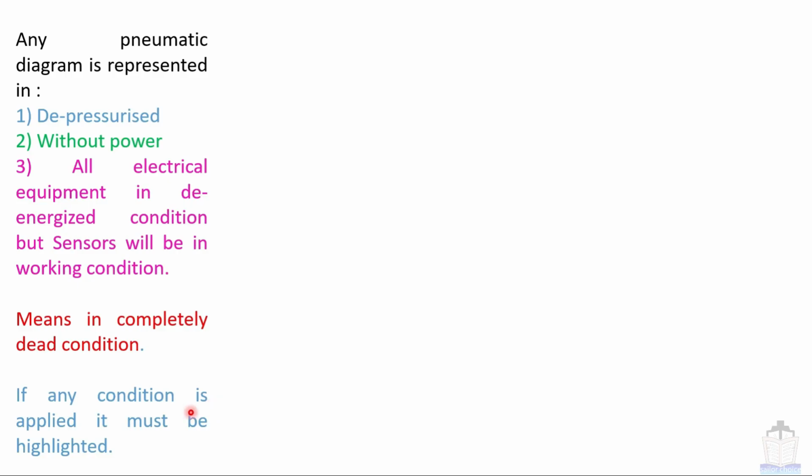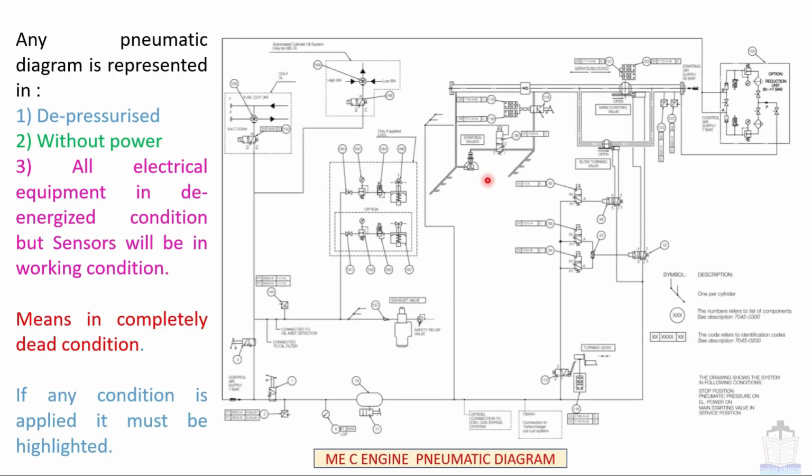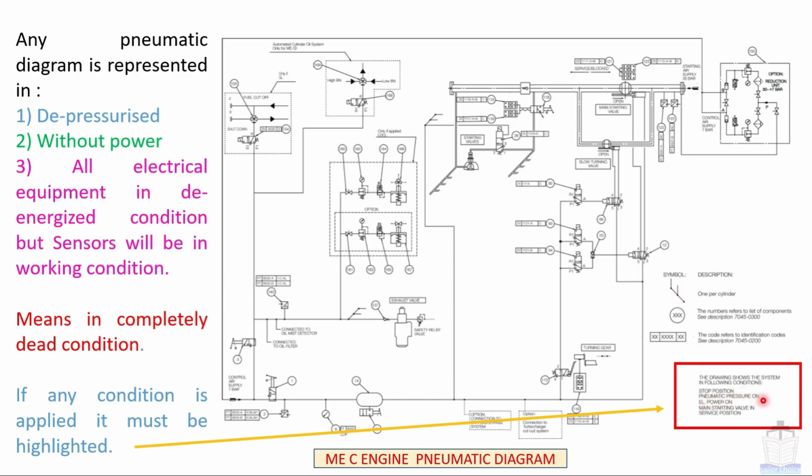If any condition is applied, it must be highlighted. For example, I have represented here a MEC engine pneumatic diagram. Here at the right bottom corner you will find some conditions written. So it is already highlighted that the diagram shows the system in the following condition: a stop position, meaning the engine is in a stop condition, pneumatic pressure is on, electrical power on, and the main starting valve in service position.